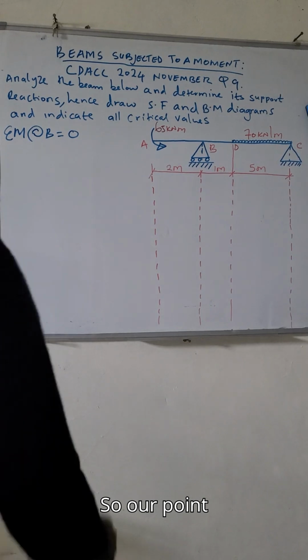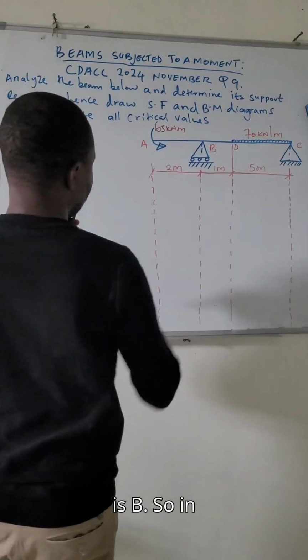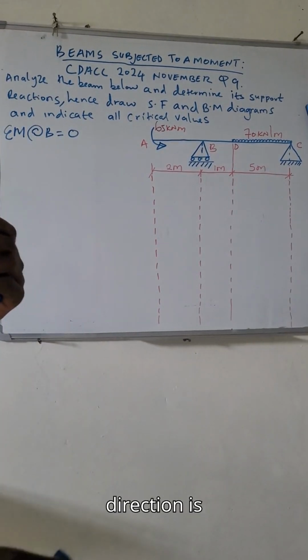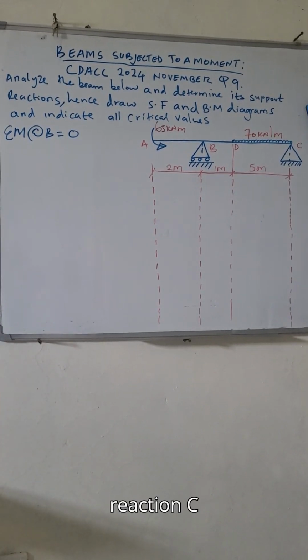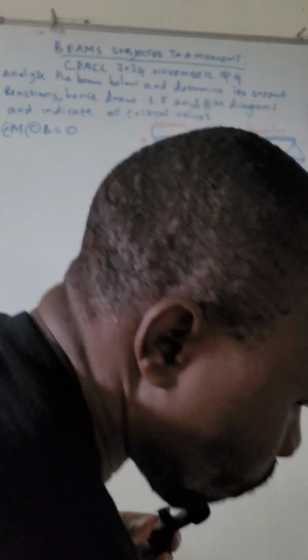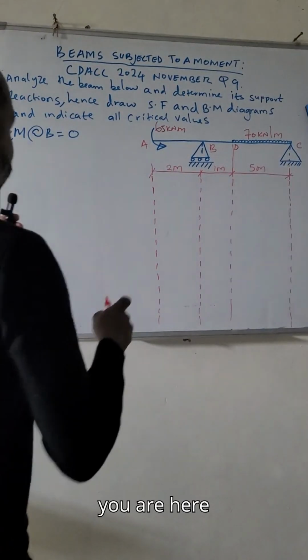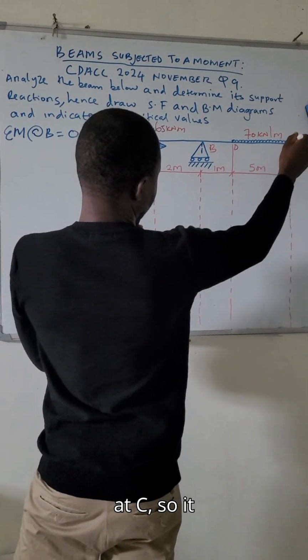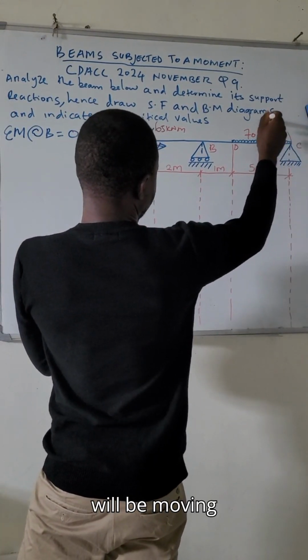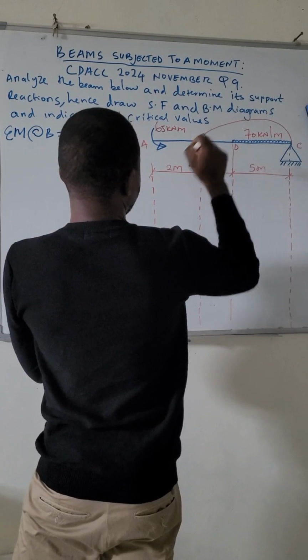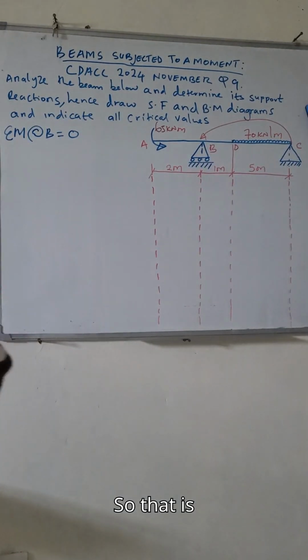So our point of reference is B. In which direction is reaction C moving in reference to point B? You are here at C, so it will be moving like this. So that is anti-clockwise direction.